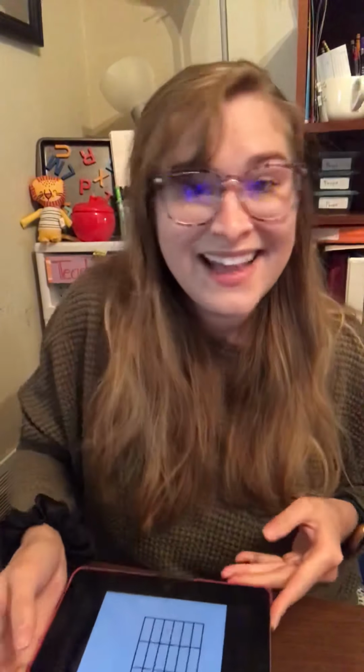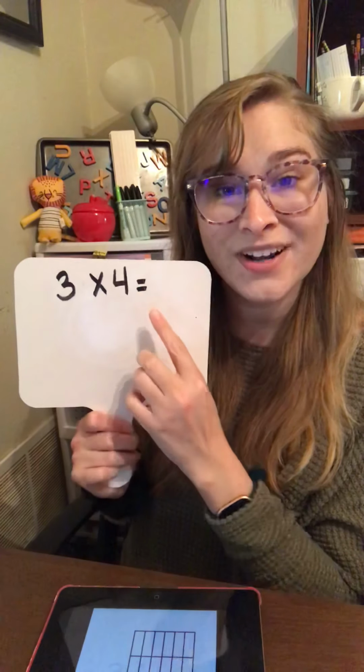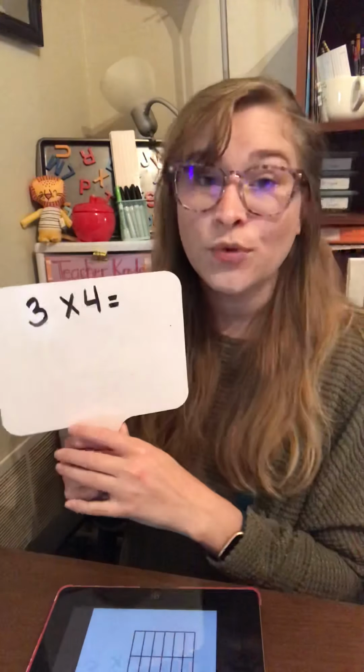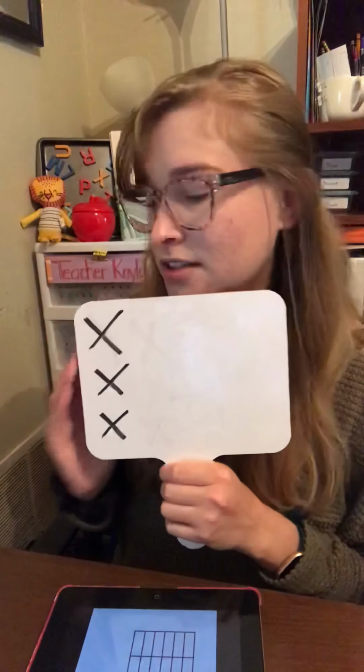All right. So another way we could show this is on the whiteboard. So we have our math problem, 3 times 4 equals 12. And we're going to show this using an array.